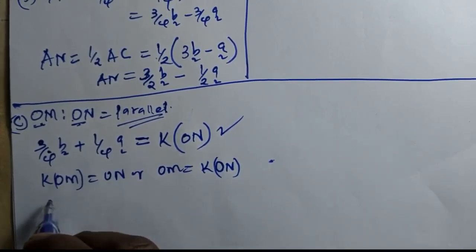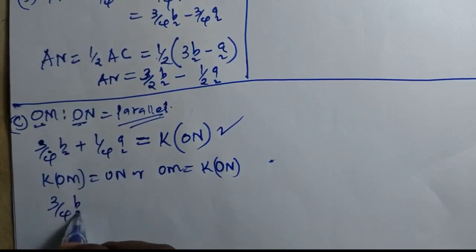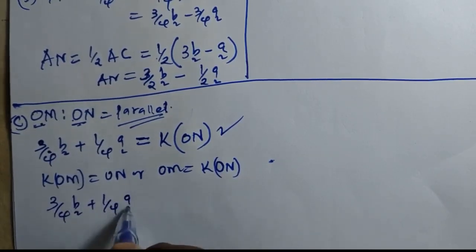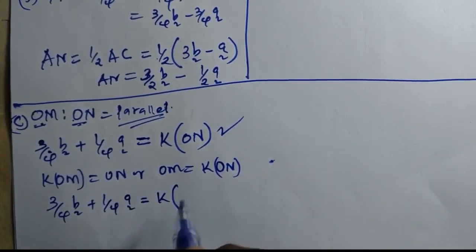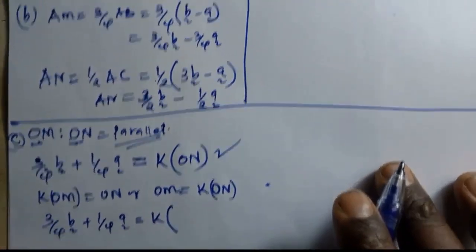So 3 over 4 vector B plus 1 over 4 vector A is equal to K ON. Our ON is here. You write it.